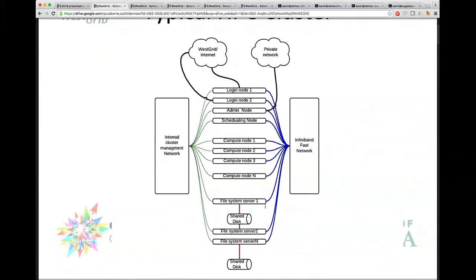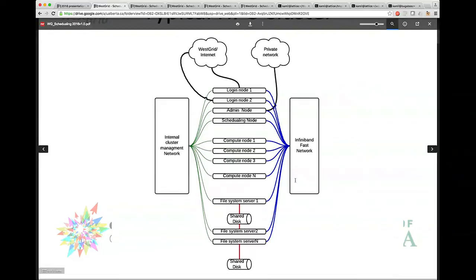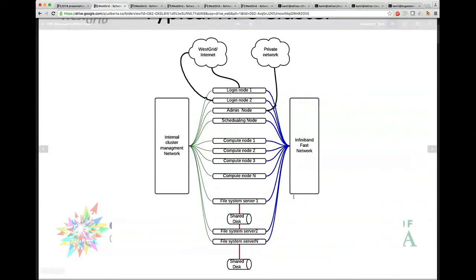And then there are file server nodes. So usually clusters have a shared file system run by the file server nodes. This is what provides all the storage for the cluster. So that's a view of a typical cluster.